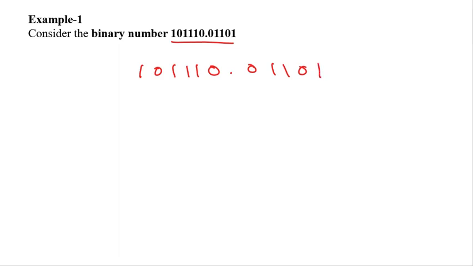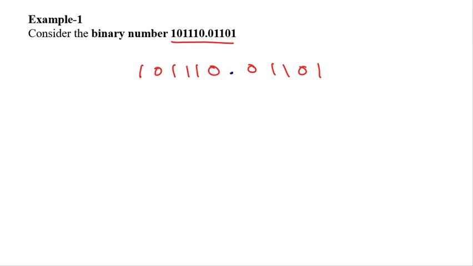This is the binary number which contains both an integer part as well as a fractional part. The first step in the conversion process is to scan the binary number from the decimal point towards the left-hand side and right-hand side, that is, partition the binary number into 3 bits each from the decimal point.